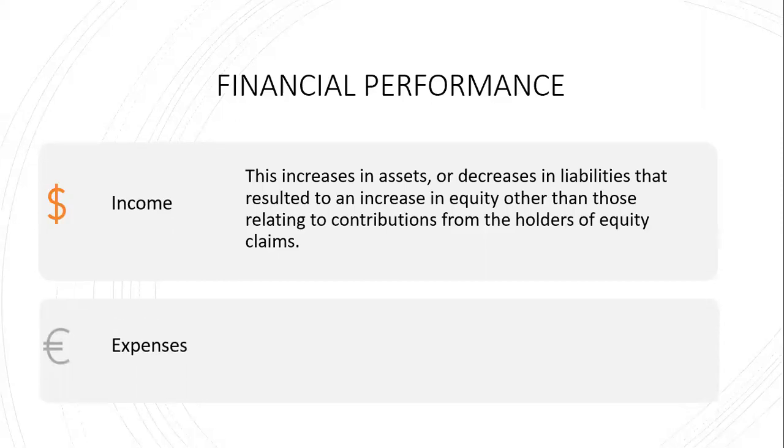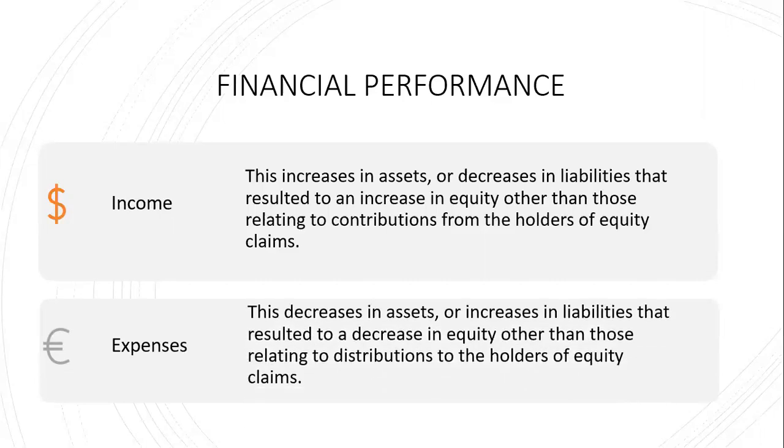And then when we say expenses, by definition, these are decreases in assets or increases in liabilities that result in a decrease in equity, other than those related to distributions to holders of equity claims. We will discuss what this means later on in the double entry accounting system.